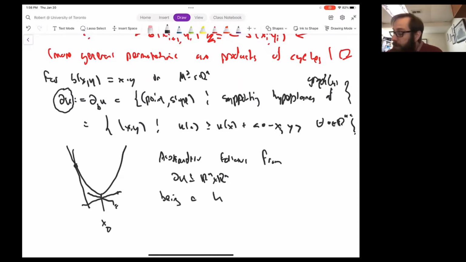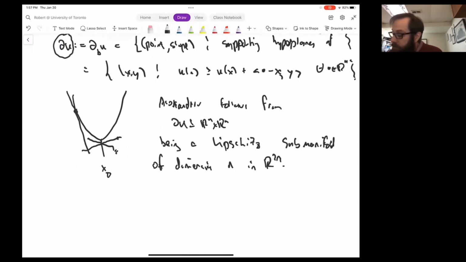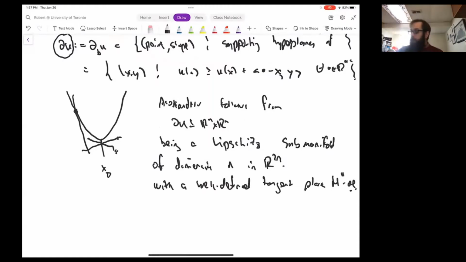Being a Lipschitz submanifold of dimension n in R2n with a well-defined tangent plane HN almost everywhere.